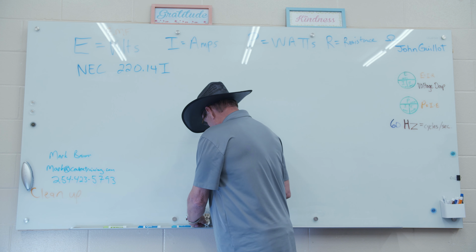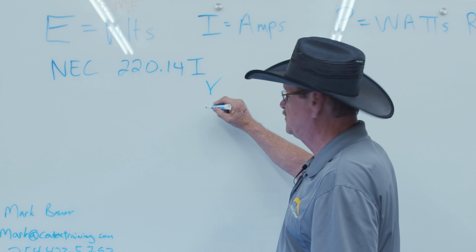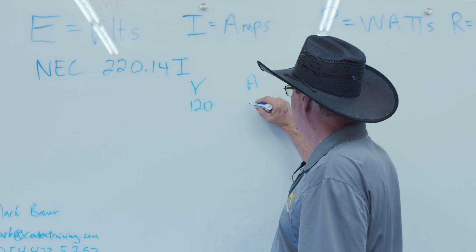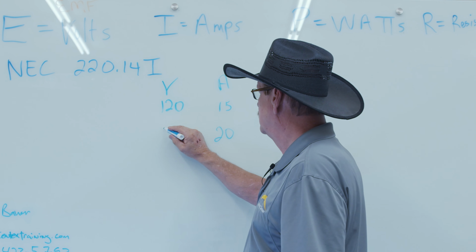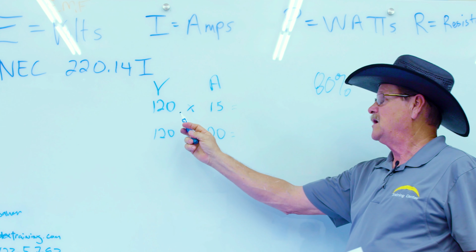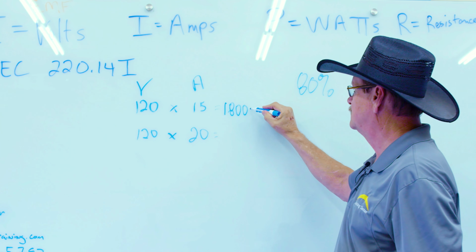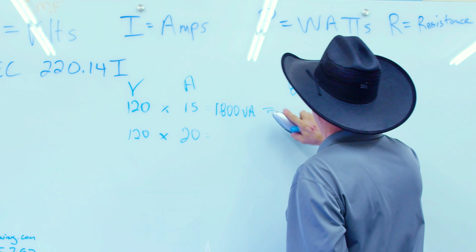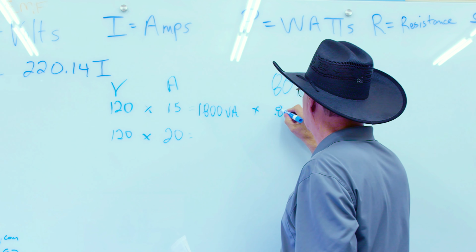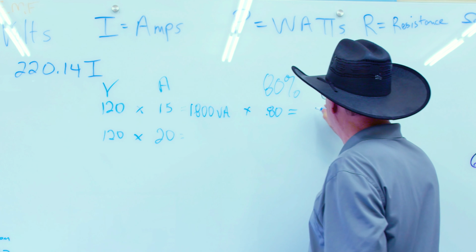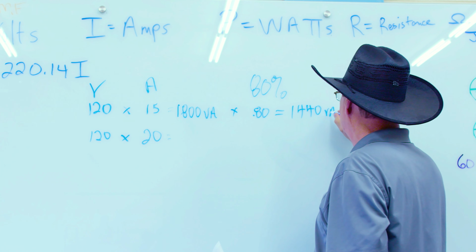So the reason I brought this up is if we do the math, for volts, we have 120. For amps, we have 15 and 20. Okay, 120 times 15 is 1800 VA, volt amps. 1800 VA times 80% equals 1440 VA.